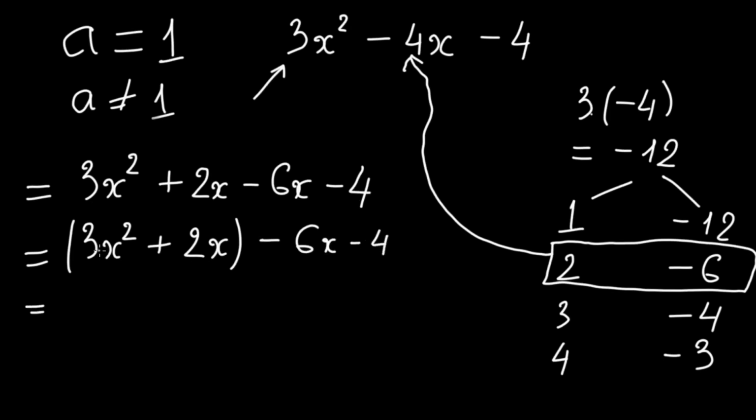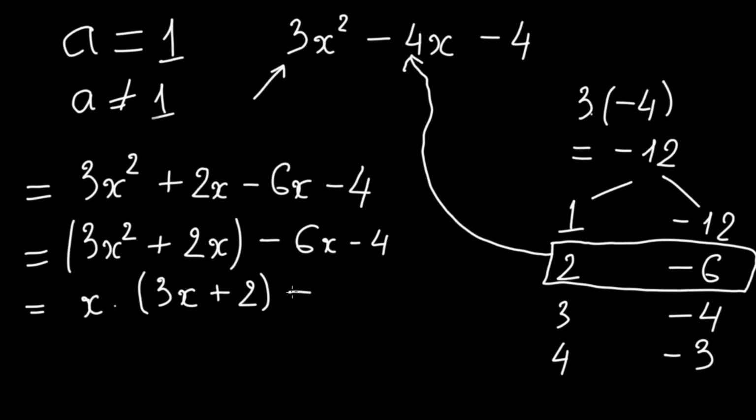You see, when we put x outside right here, we got 3 times x, because x times 3x equals 3x squared, plus 2, because right here x times 2 equals 2x.